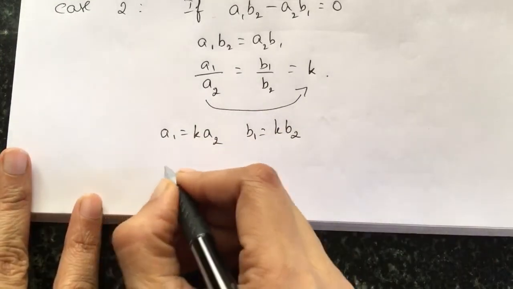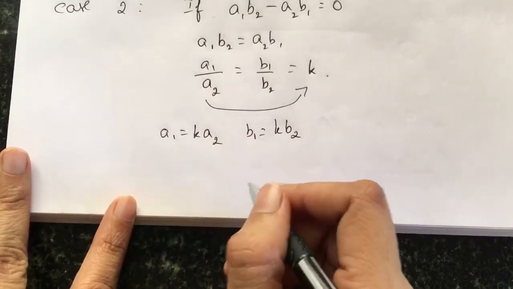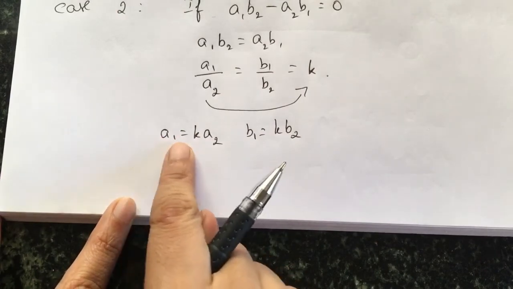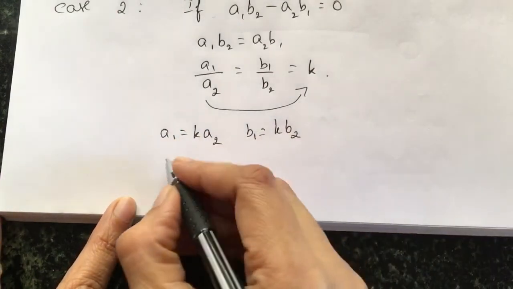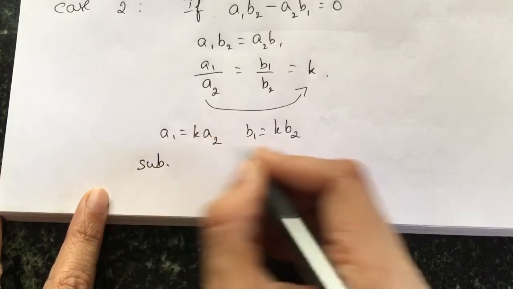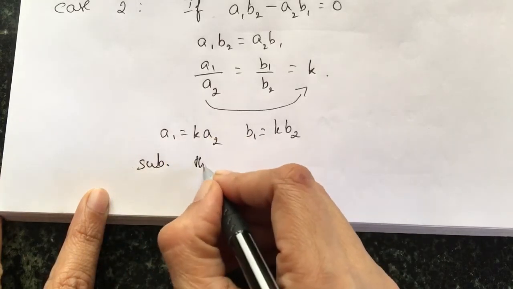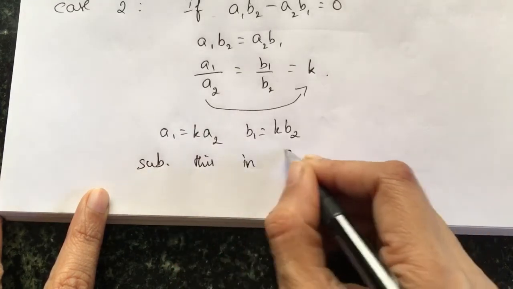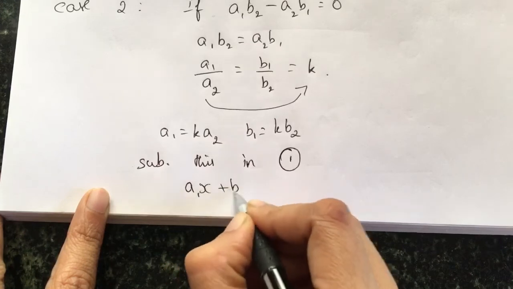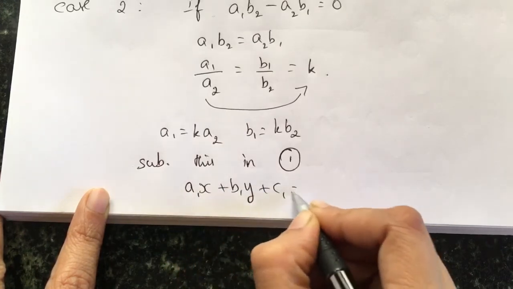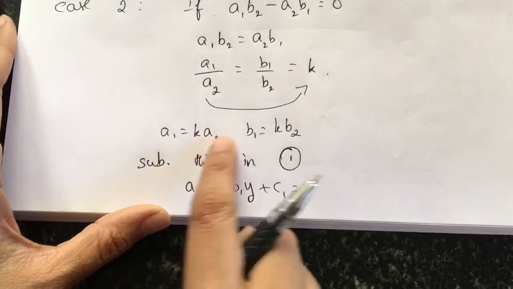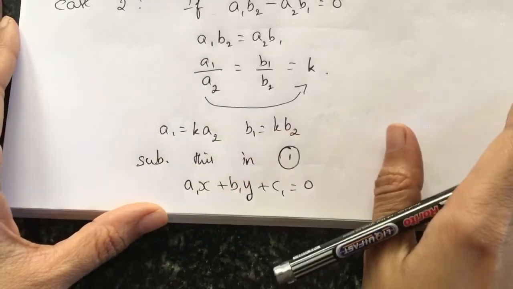It was A1x plus B1y plus C1 equal to 0. In that I'm just substituting the values of A1 and B1. Substitute this in equation 1. I hope you remember the equation A1x plus B1y plus C1 equal to 0. This was the equation 1. Just replacing A1 by KA2 and B1 by KB2.